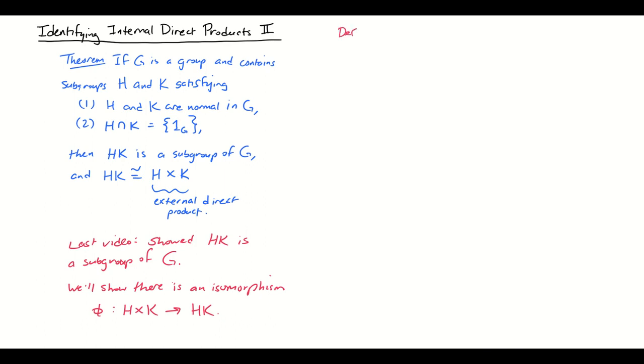We're going to define phi from H cross K, the external direct product, to HK, this internal direct product, by phi of (h, k) equals hk for all (h, k) belonging to H cross K. In other words, for all h belonging to the subgroup H, all k belonging to subgroup K.